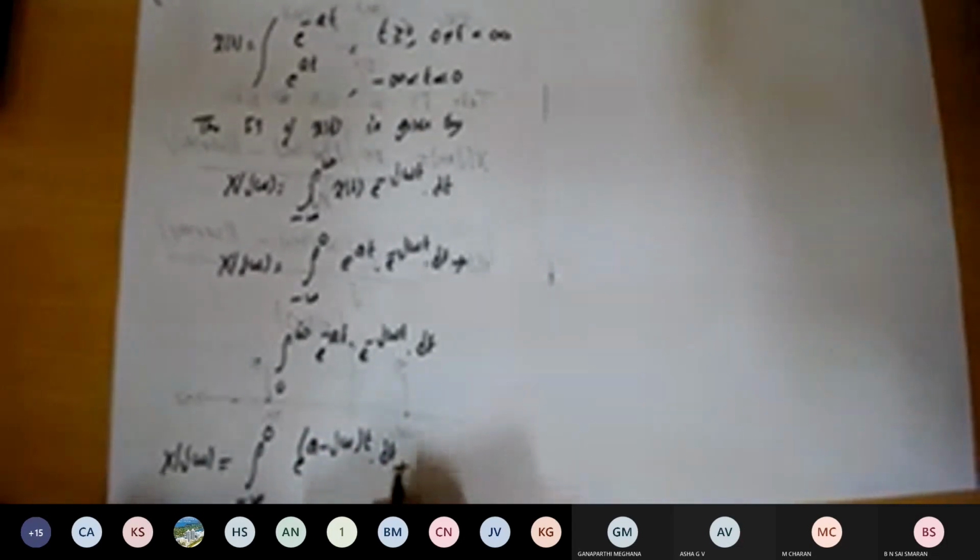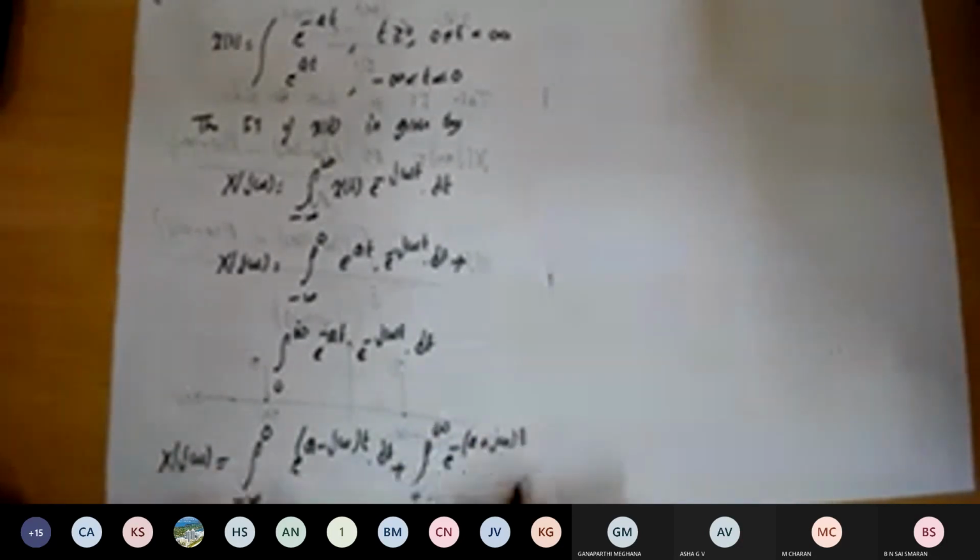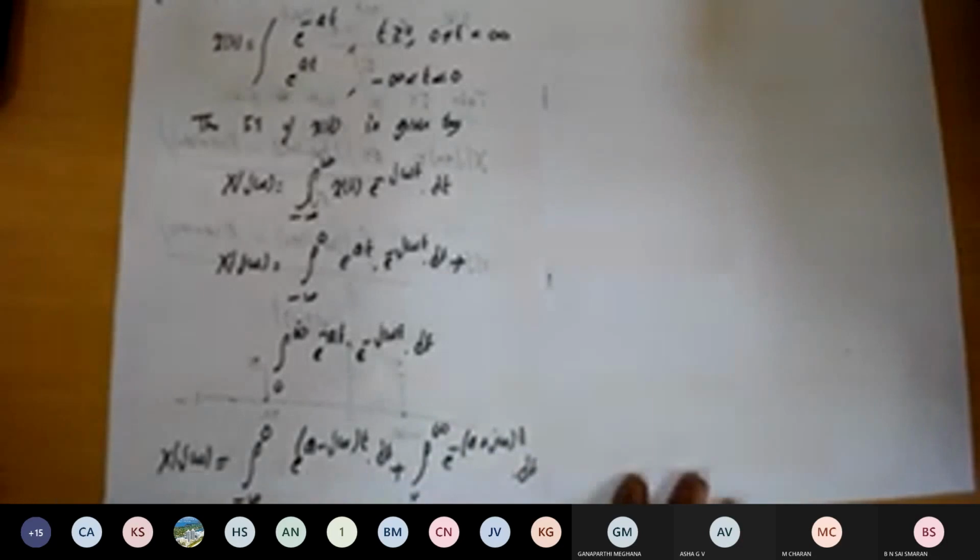So integral from minus infinity to 0 of e to the power of (a minus j omega) t into dt, plus, since the upper limit is plus infinity, we should take minus t as a common: integral from 0 to infinity of e to the power of minus (a plus j omega) into t into dt.